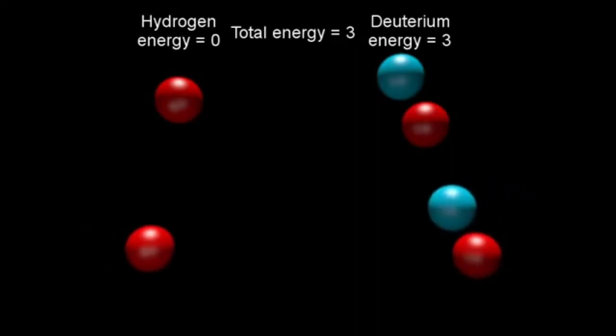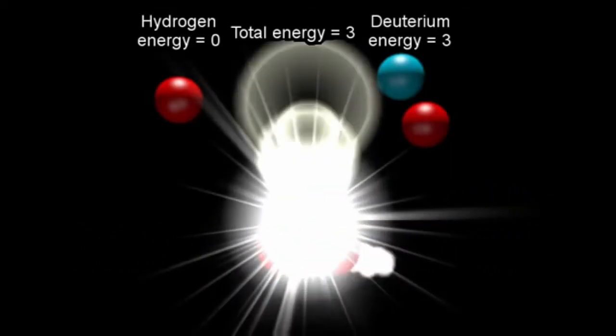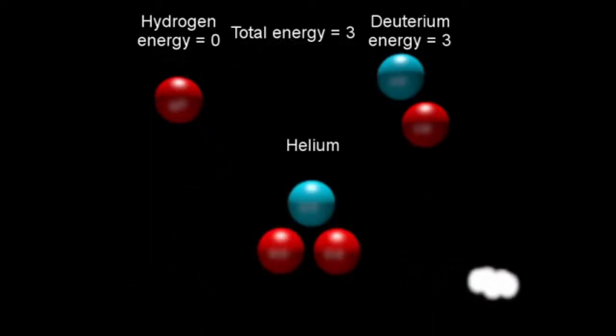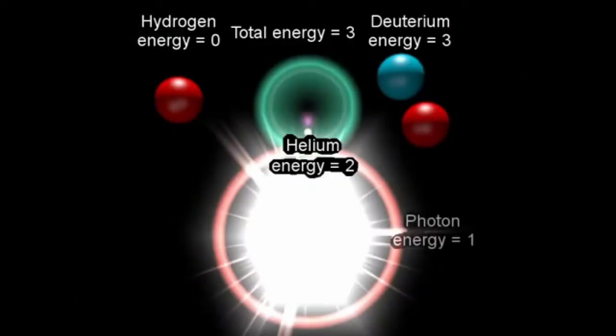When the sun fuses these two atoms together, a new type of atom is produced, called helium. As you can see, it has 2 protons and 1 neutron in its nucleus. The energy needed to keep this atom together, though, is only 2. But remember, we started out with an amount of energy 3, and now we're using only 2. So where did the extra energy go? In this case, it's sped away with this expanding wave called a photon.